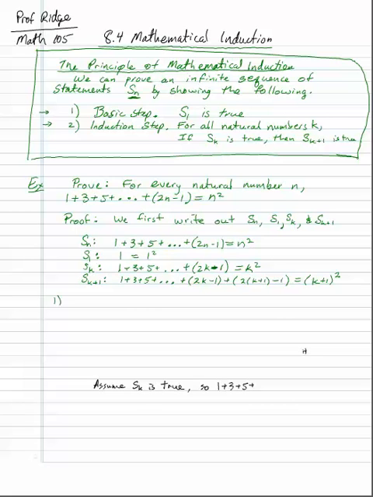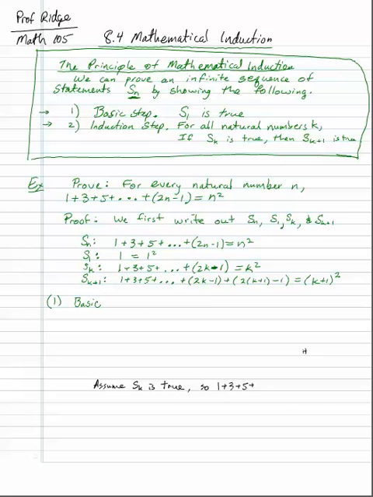Our first step is the basic step, where you show that it works for S sub 1. The classic example, anytime you're taught about induction, is lining up dominoes. For you to knock down all the dominoes, two things have to happen. First, you have to be able to knock down the first domino.